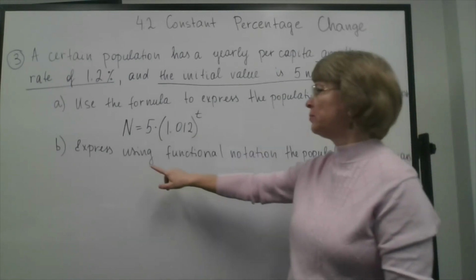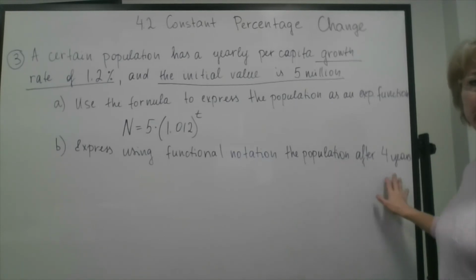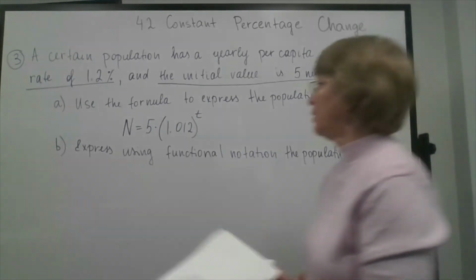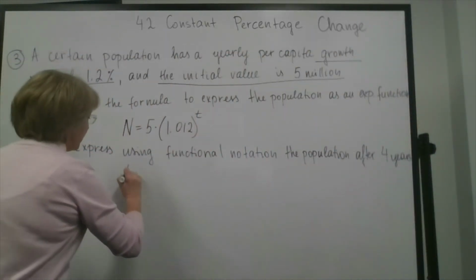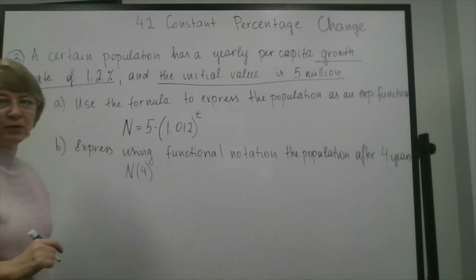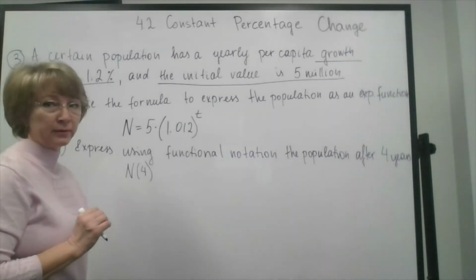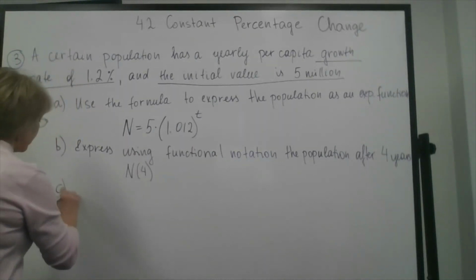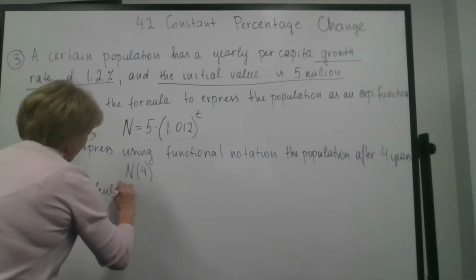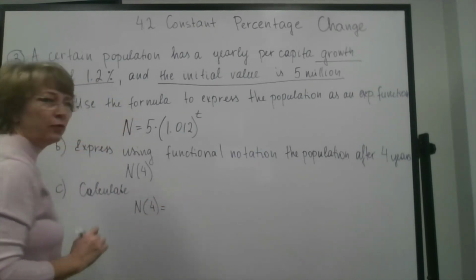And we need to express using functional notation the population after 4 years. I hope you remember how to do this. You have to write it down this way, N of 4. This is our functional notation. I just want you to keep this in mind and not forget this part. Then we have to calculate N of 4. How will we do it?